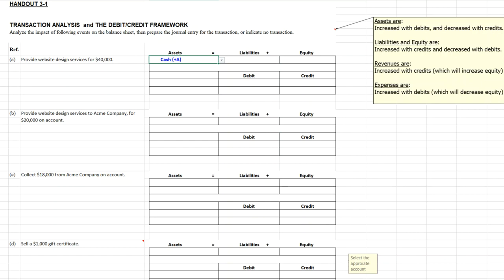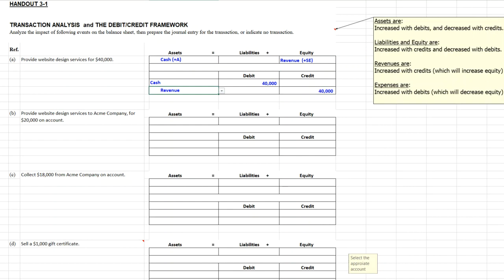So we've got an increase in cash, and we're going to have an increase in stockholders' equity, which is our revenue. And in terms of our basic accounting equation, we increase assets, cash, with debits. And of course, debits have to equal credits, and we increase revenues with credits.